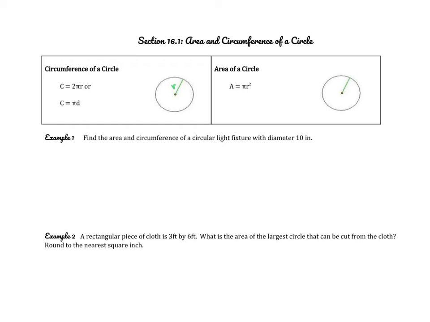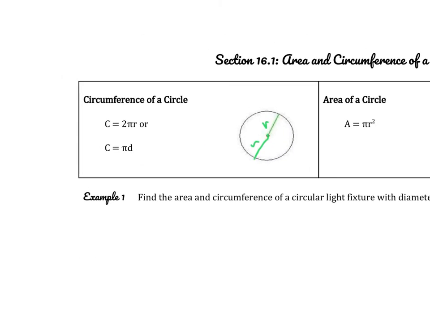The reason why this works is if you have two radii right next to each other like this, it makes a diameter. So twice your radius is always equal to your diameter. Now, just in case you're not super familiar, this variable is called pi, and it represents an irrational number that goes on forever and ever.